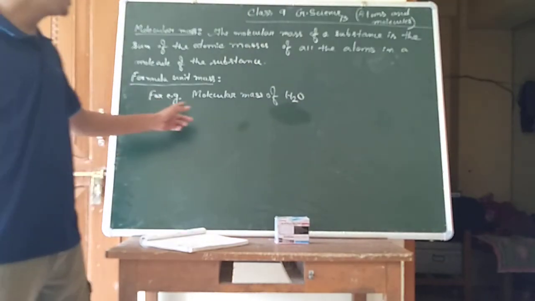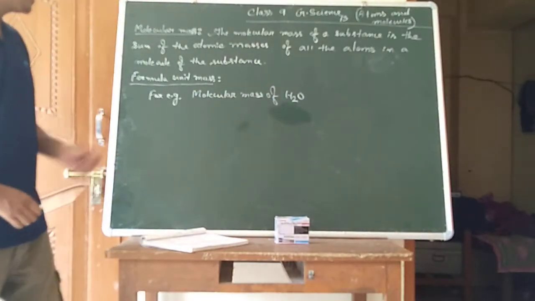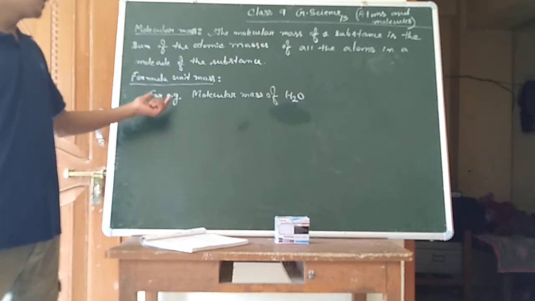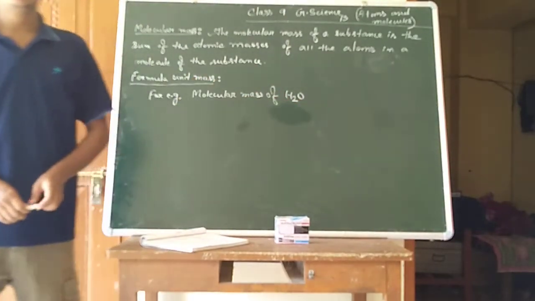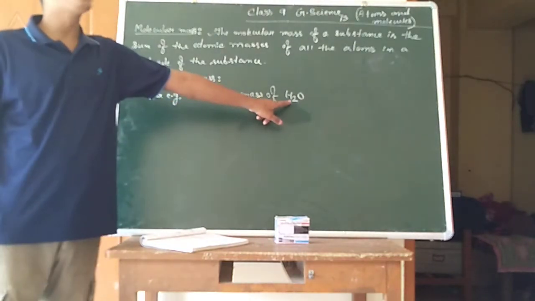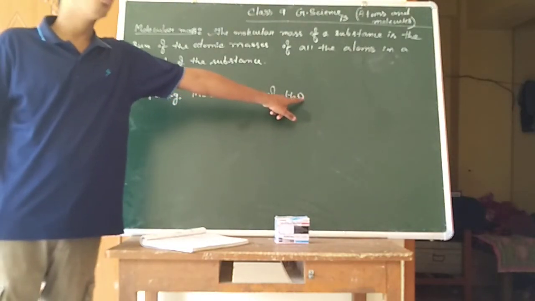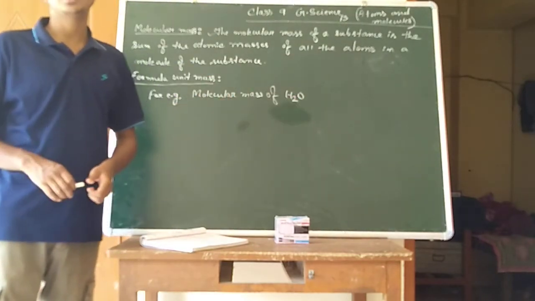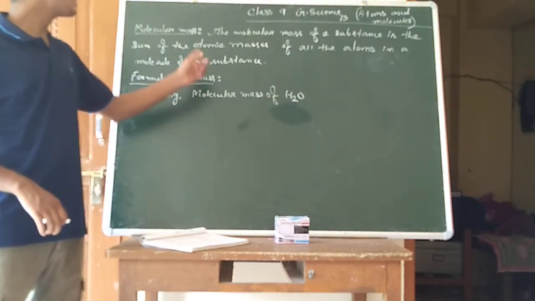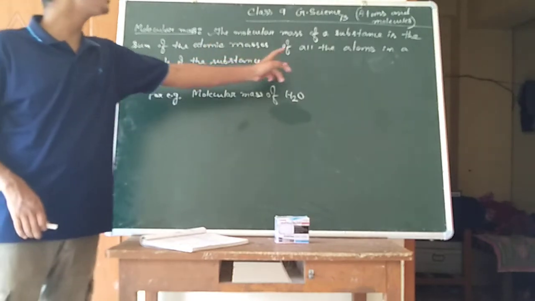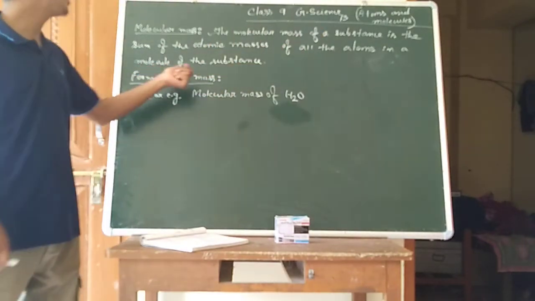Water consists of hydrogen and oxygen. Here two atoms of hydrogen and one atom of oxygen are present. So how do we calculate the molecular mass of H2O?